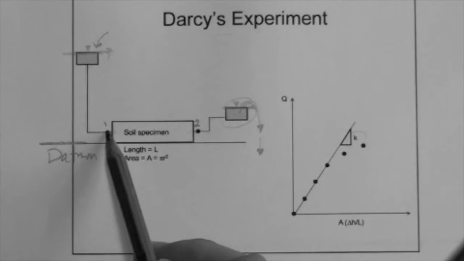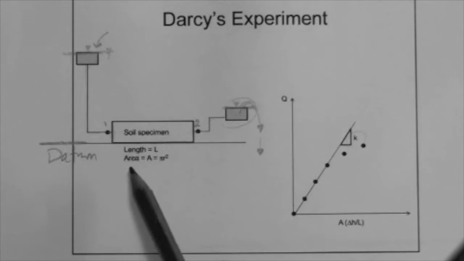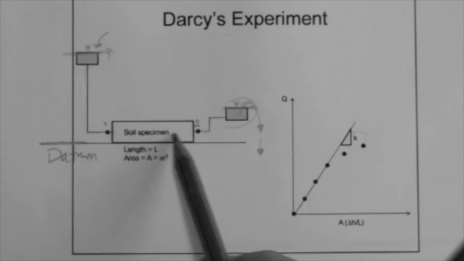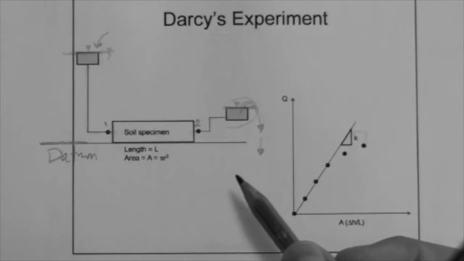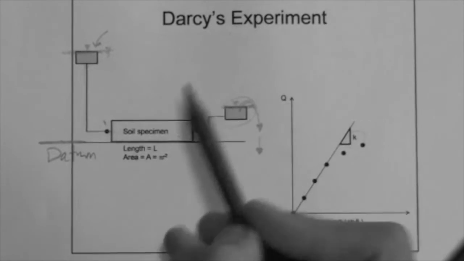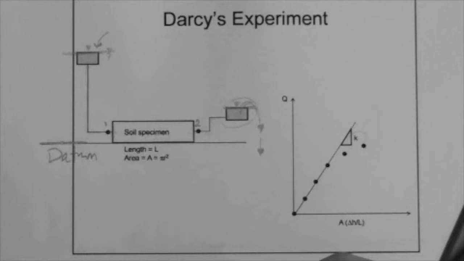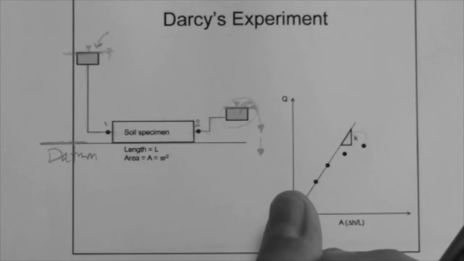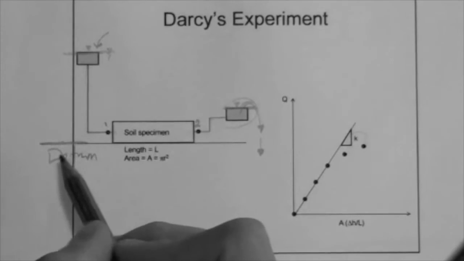I want to concentrate on the flow across the specimen. Okay, so now we can say that we have our 2 points and we're going to determine the heads at those points so that we can determine the total head difference between the points, the delta H.